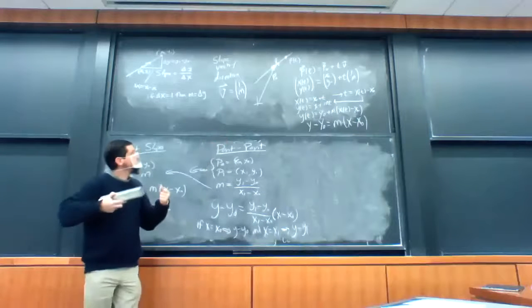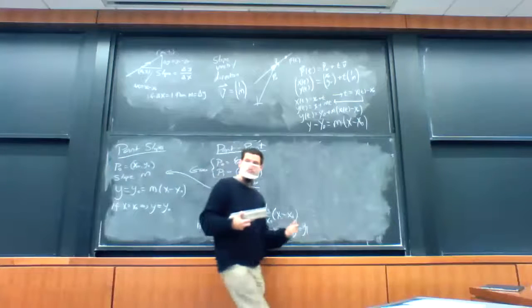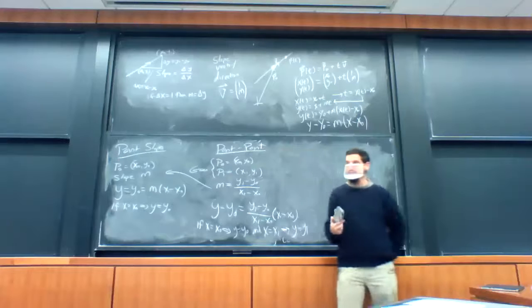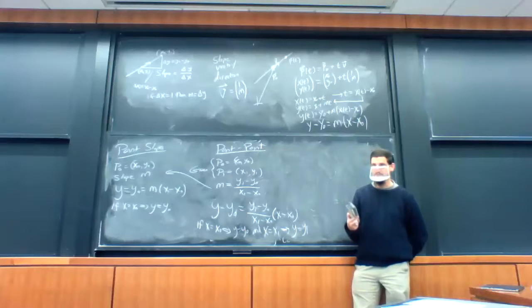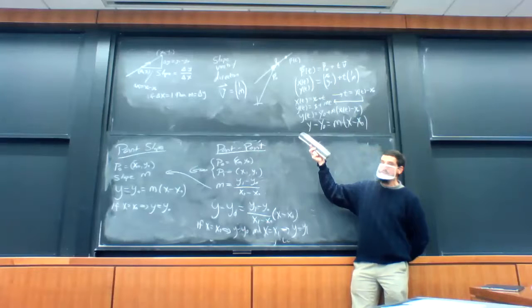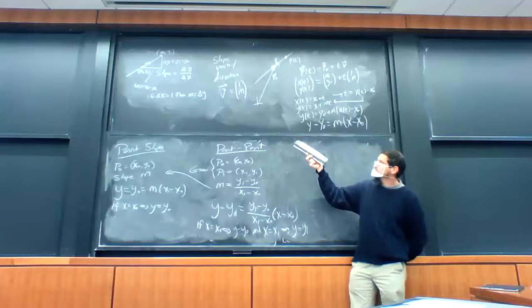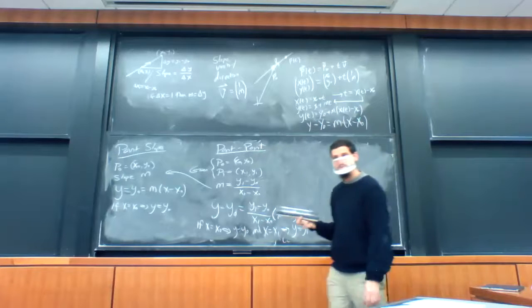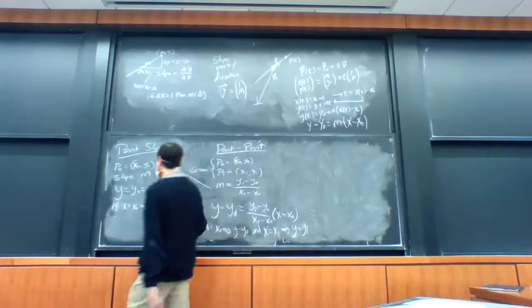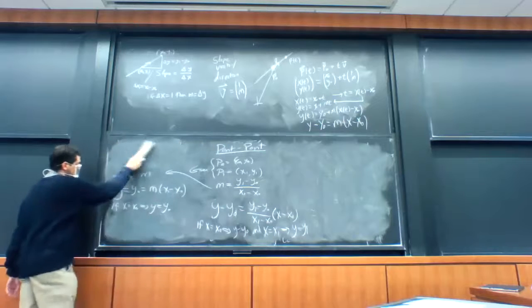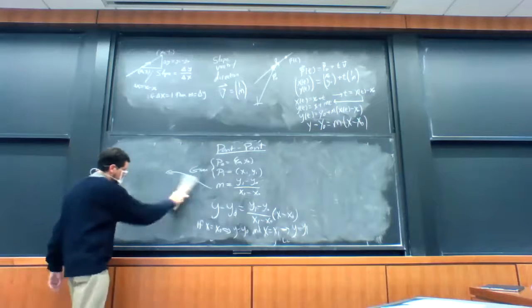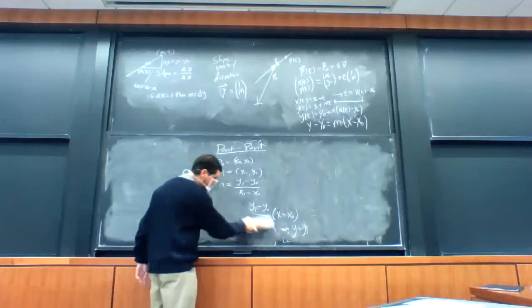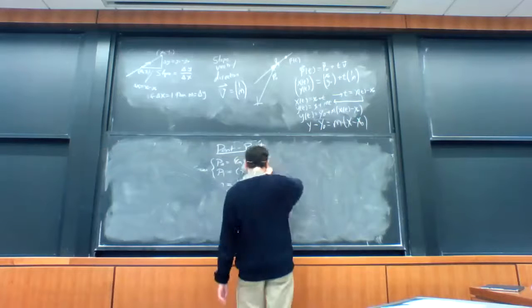I'm just saying I now start at P naught and I move t units of time in the direction of V. If I had a z component, all I would have to do is have x of t, y of t, z of t. It makes no difference if I have more components. And so I can do this in as many dimensions as I want.